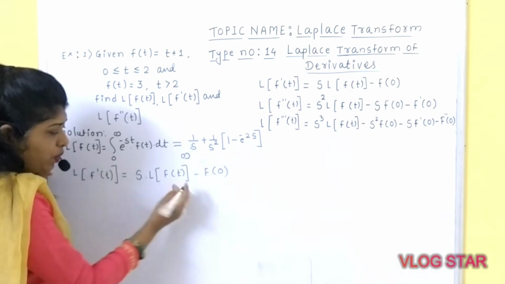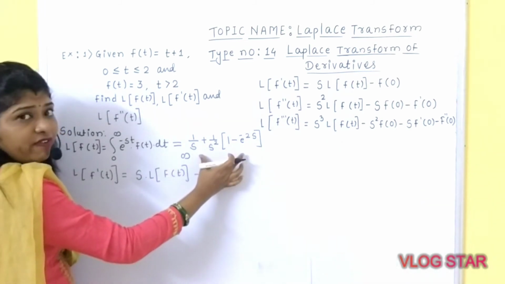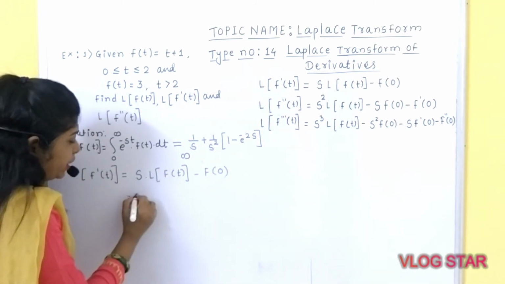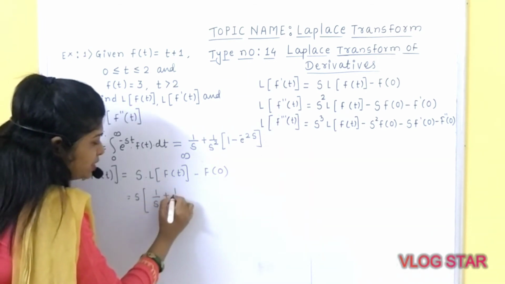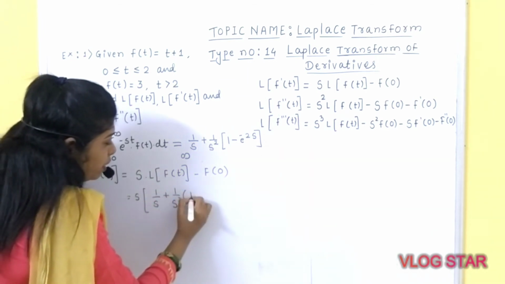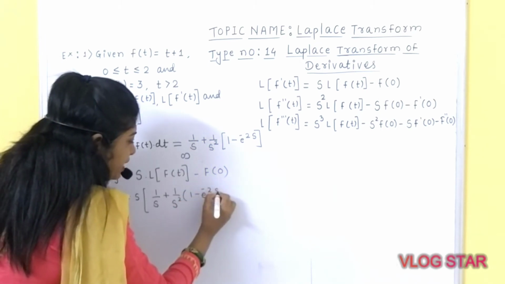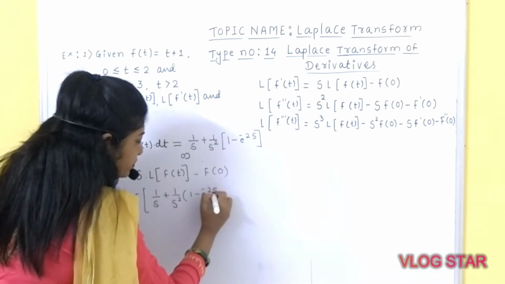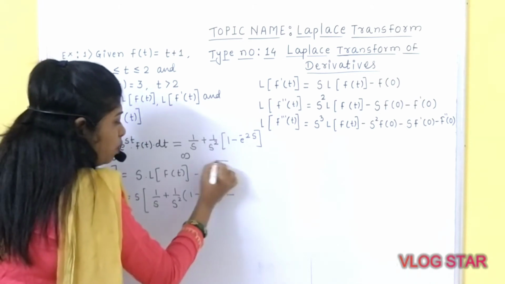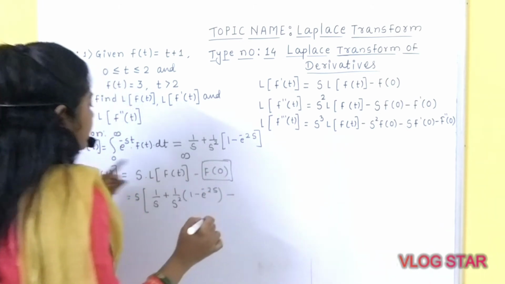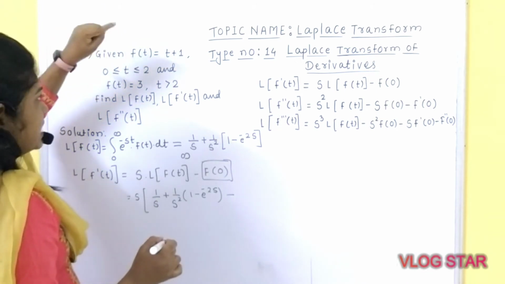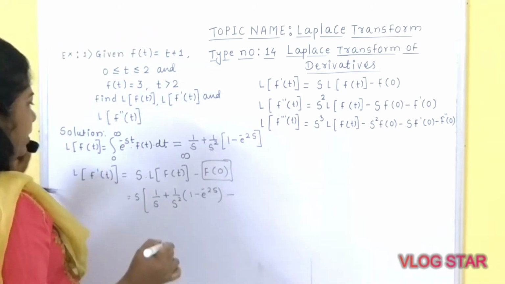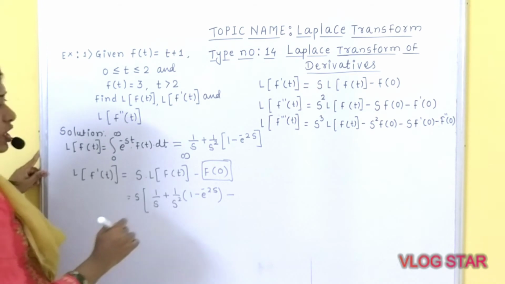So we have Laplace of f of t value with us. Simply you need to substitute 1 upon s plus 1 upon s square 1 minus e raised to minus 2s minus what is f of 0? The given function is f of t is equal to t plus 1. What is the given function?